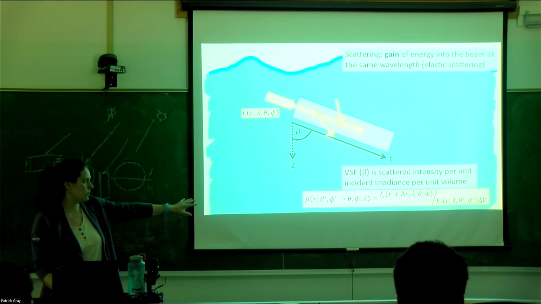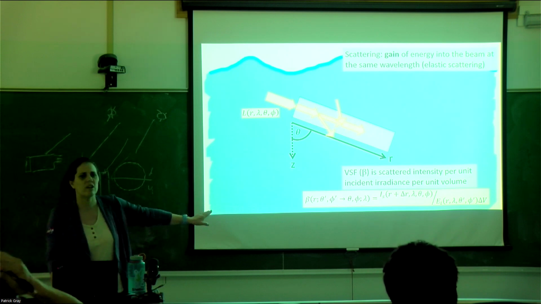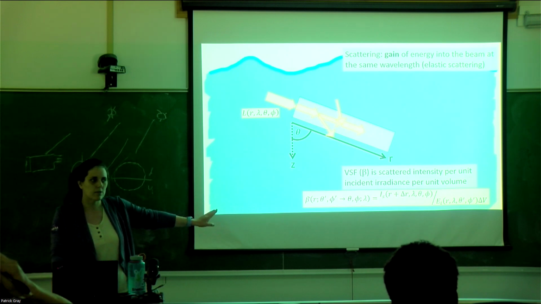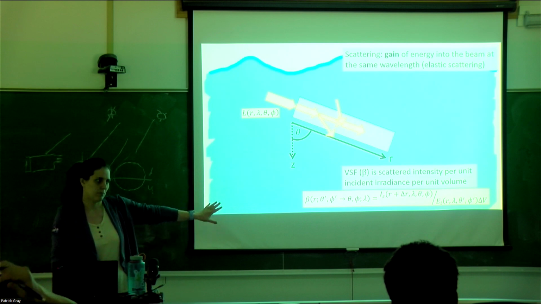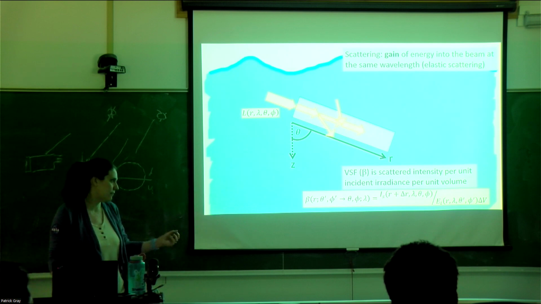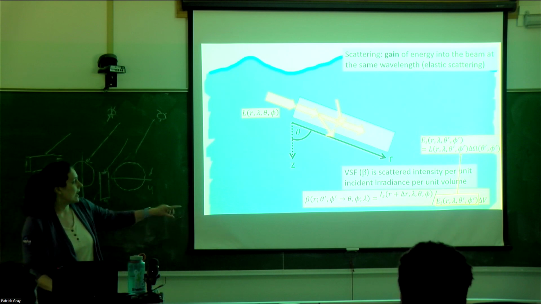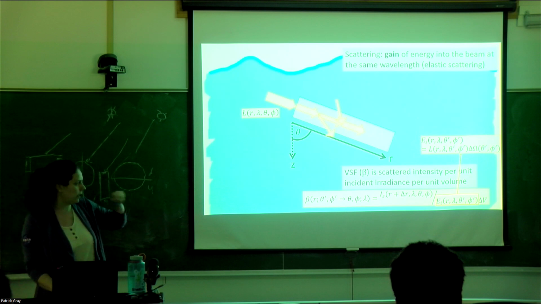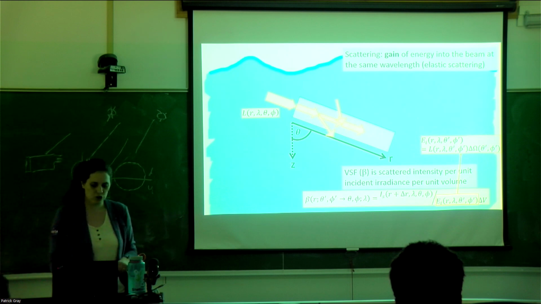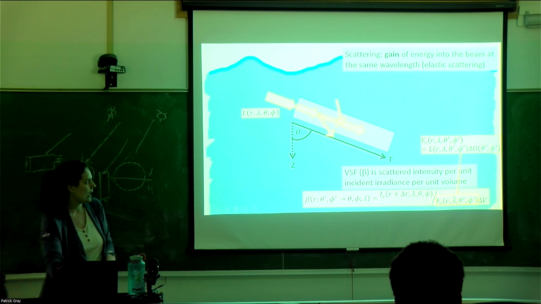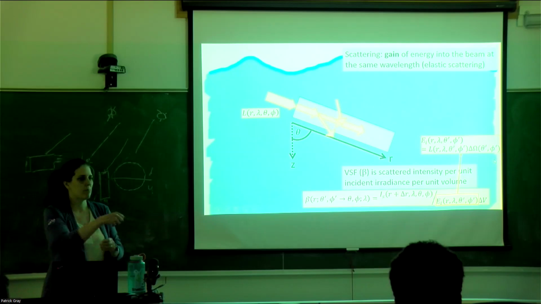I'm not sure if you saw this explicitly in earlier lectures when you talked about the VSF, but this is a different way of defining the VSF. And then if we think about some of these terms that we were just learning about, the irradiance is the radiance times all the possible different angles.